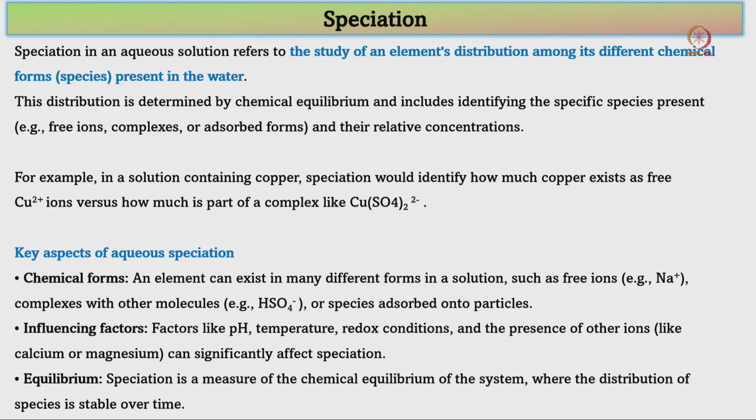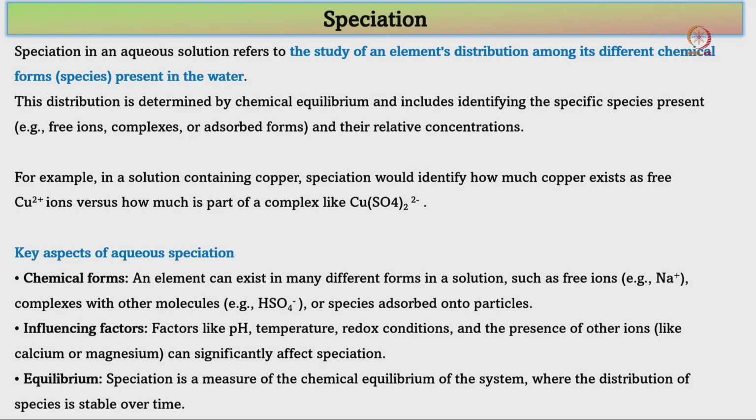The chemical equilibrium constants for different pairs will be different. So, the more favorable, the more stable a particular species is, that will be the more stable one. Okay. So, there will be a lot of influencing factors. Equilibrium, just like I said, will tell me which species is going to be the stable species.